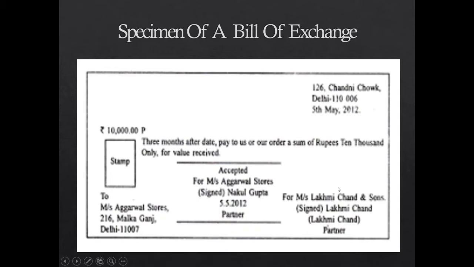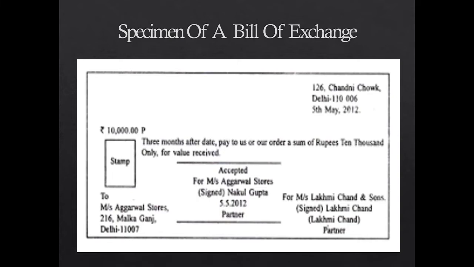So Lakshmi Chand Sons prepared a bill with an unconditional order directing Agrawal Stores to pay the sum of 10,000 after a certain duration to him or the person to whom he ordered or the bearer of the instrument.